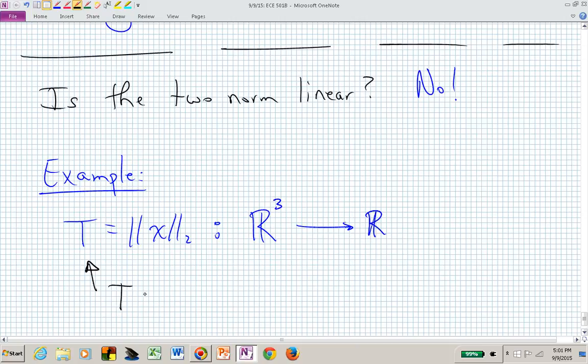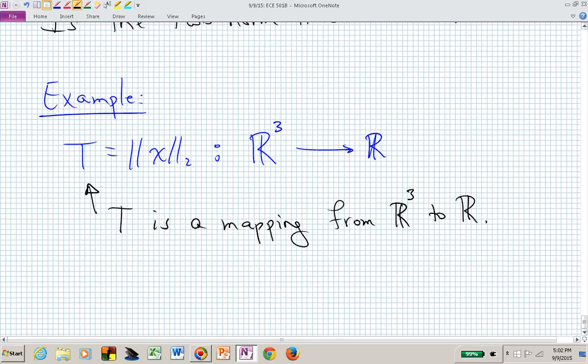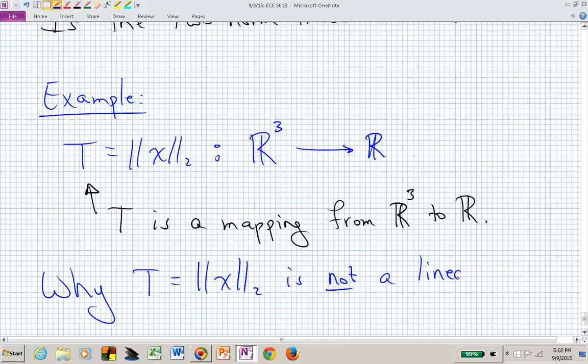This T then is a mapping from R3 to R. And we want to illustrate why T, being this map associated with the 2 norm, is not a linear map.